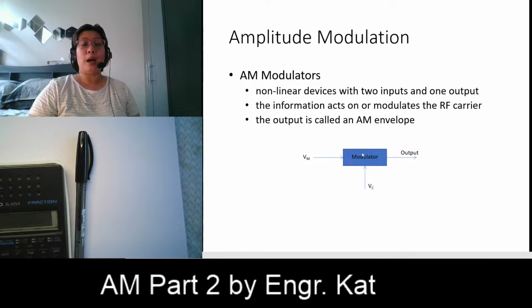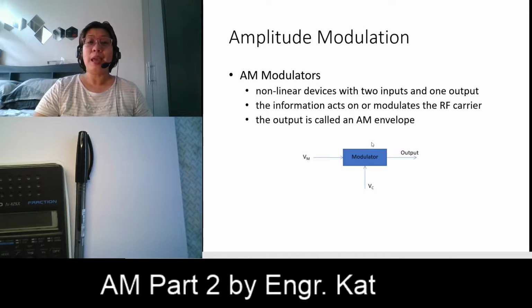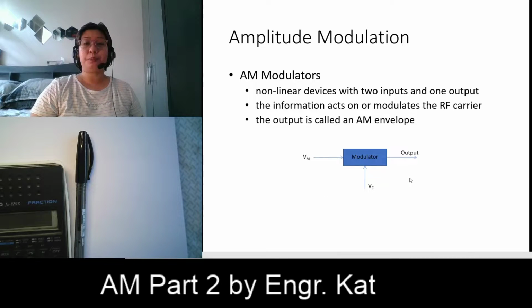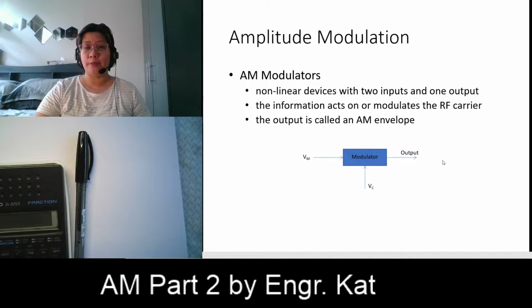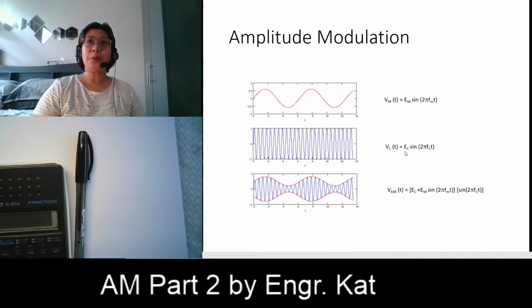The information, the VM, acts on or modulates your RF carrier, and the output is within what we call an AM envelope. This is our representation for the two inputs and our output.